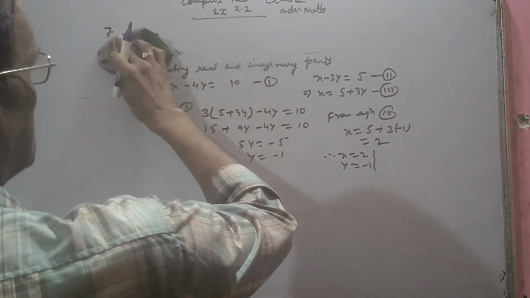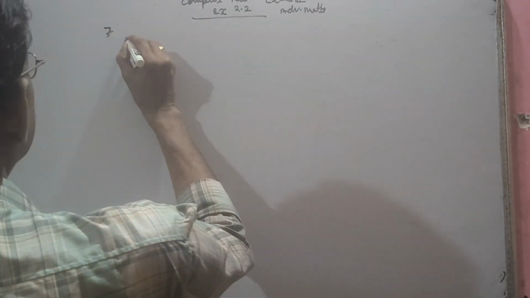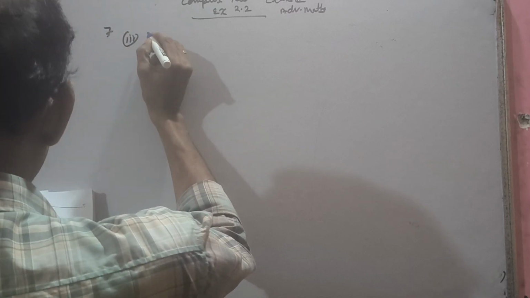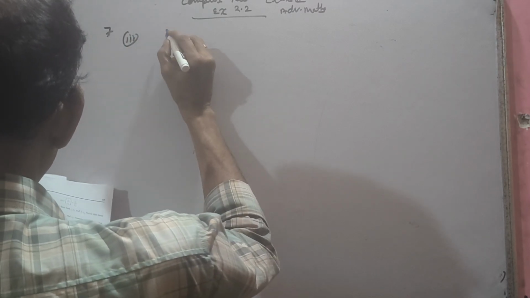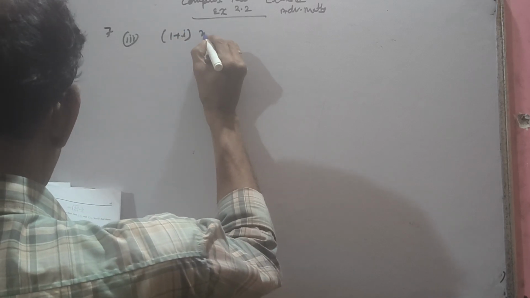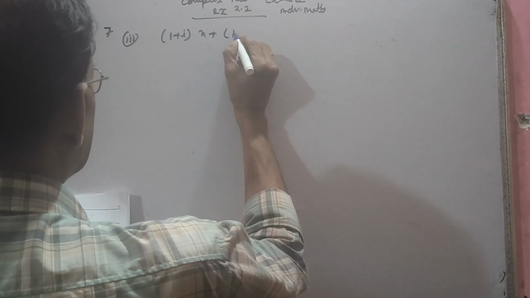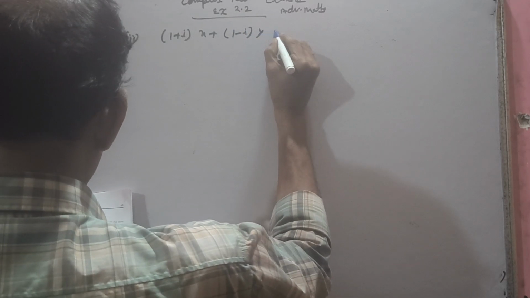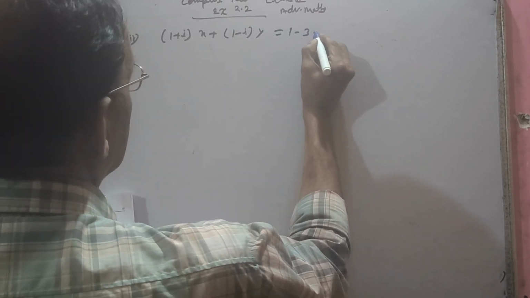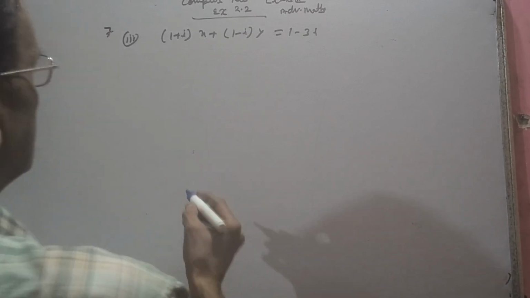So still I am doing number 3 now. What is the number 3 question? (1 plus i) into x, plus (1 minus i) into y is equal to 1 minus 3i.